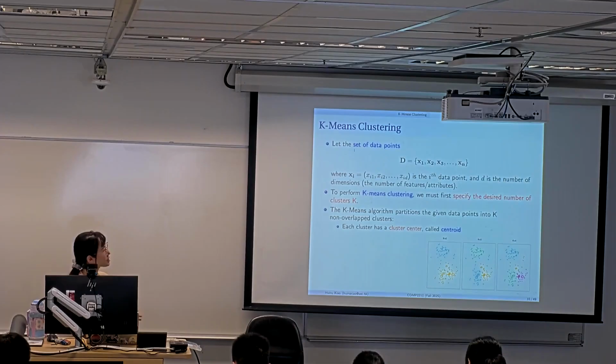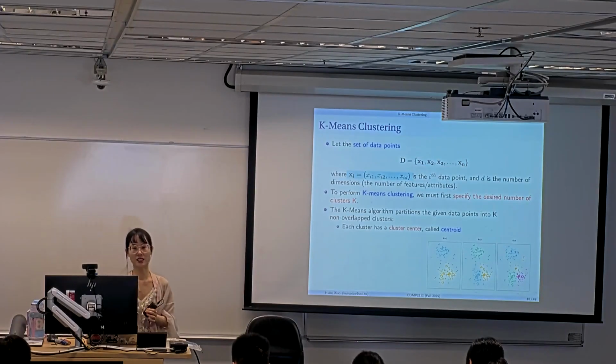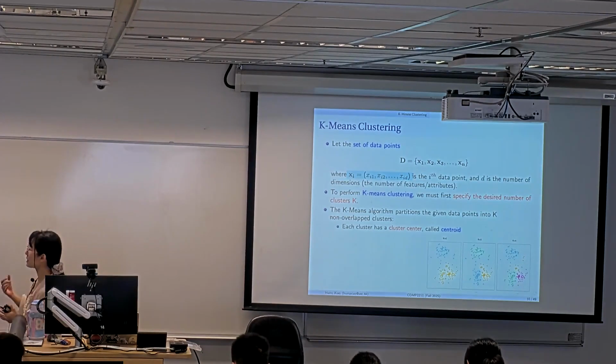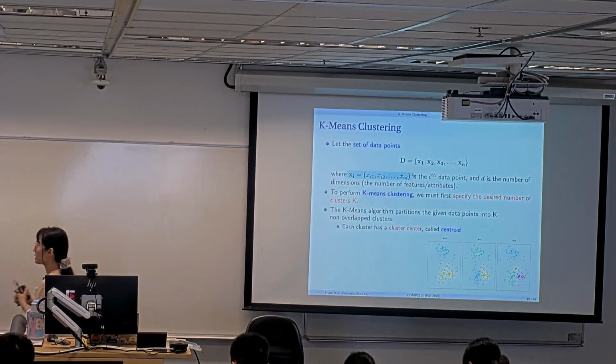So the algorithm of k-means clustering, first we need to know some definitions and some terminologies before we apply. So basically, consider we have a set of data points, D, like for example, we have n data points. And then each xi here, note that is a vector. So each xi is xi1, xi2 until xid. This row is the ith data point, or this vector is the ith data point.